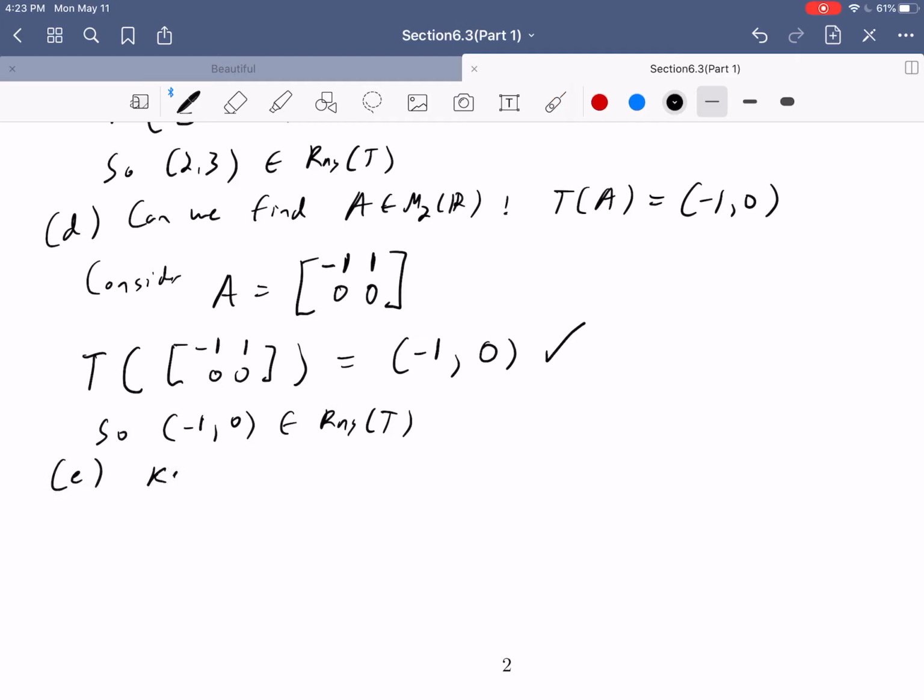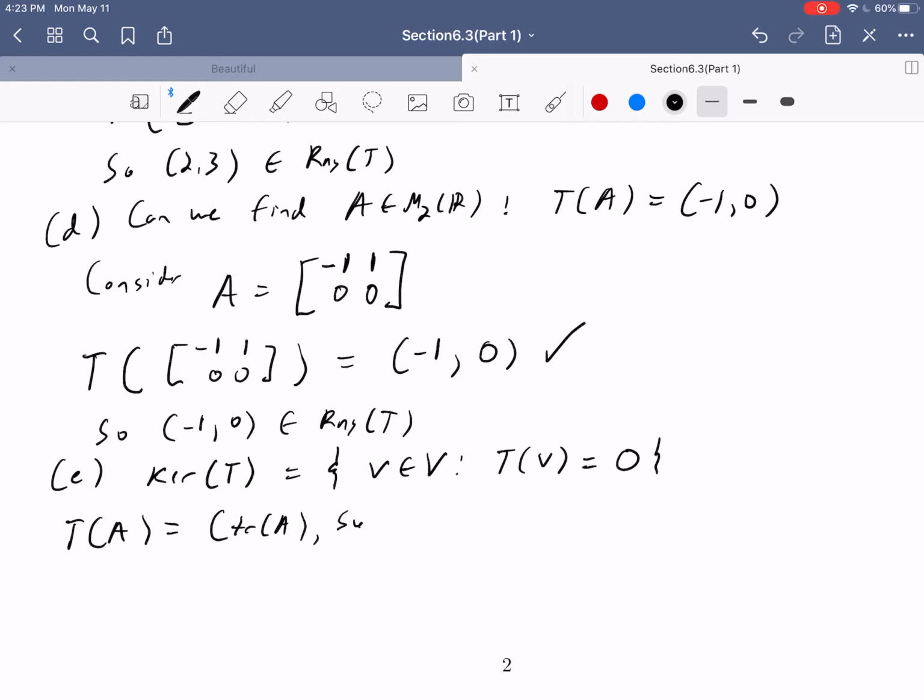So the kernel of T, remember, is every vector in V such that T of V equals 0. In this case, what can we say about that? Well, T of A is equal to the trace of A and the sum of A, and that needs to equal the 0 vector, 0, 0, for A to be an element of the kernel.